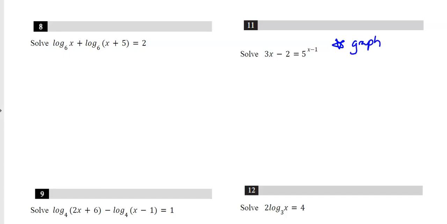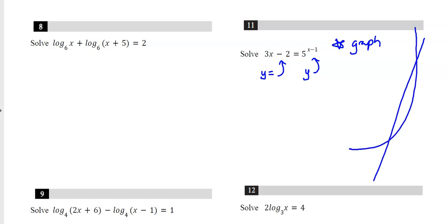I want to graph y equals this side, and then y equals this side, and see where they cross. You're going to see the y equals 3x minus 2, and then you're going to see the exponential one, and there's going to be a crossing point. It ended up crossing at 1, and it ended up crossing at 1.707.